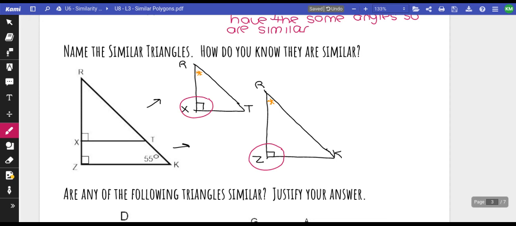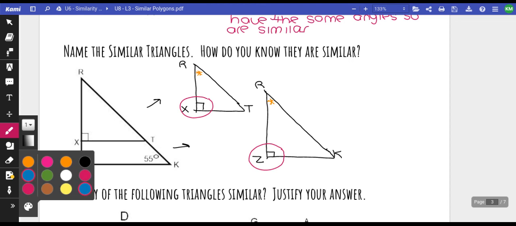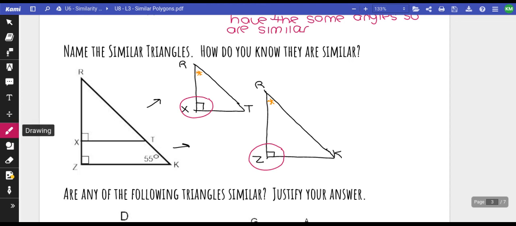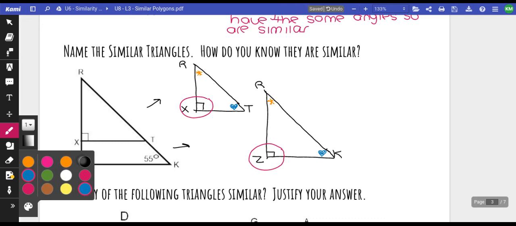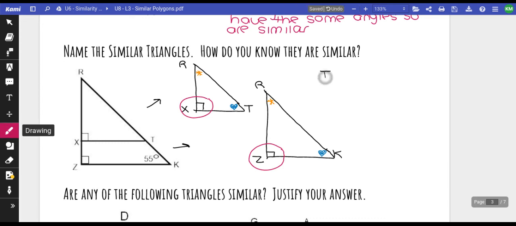Does that guarantee the third one is also the same? It does. So you can label what kind of a symbol do you want to put in the third corner? A heart. I love it. So if 2 of them are the same, then the third one is the same. And we could say they are similar because they have the same angles.